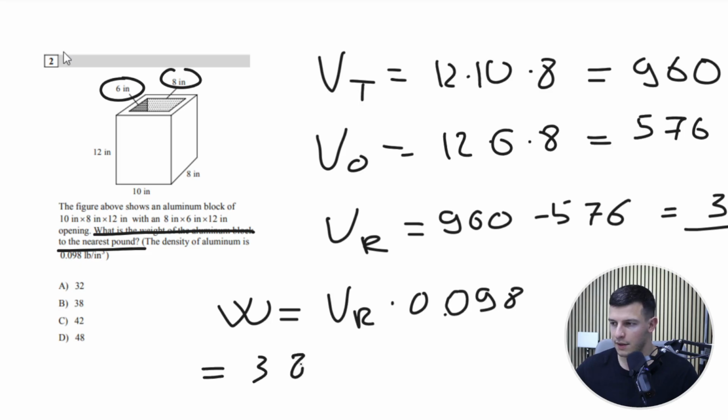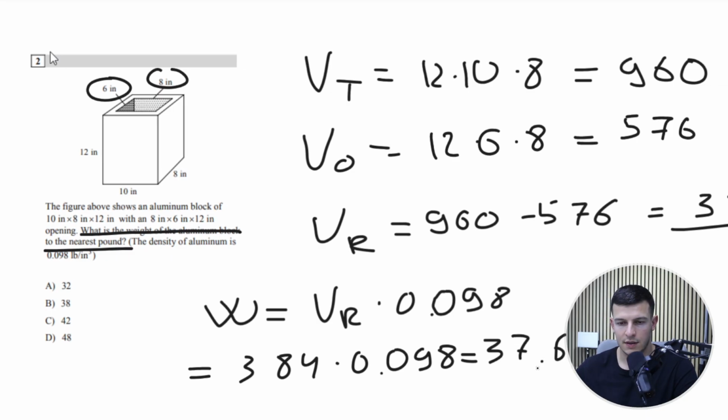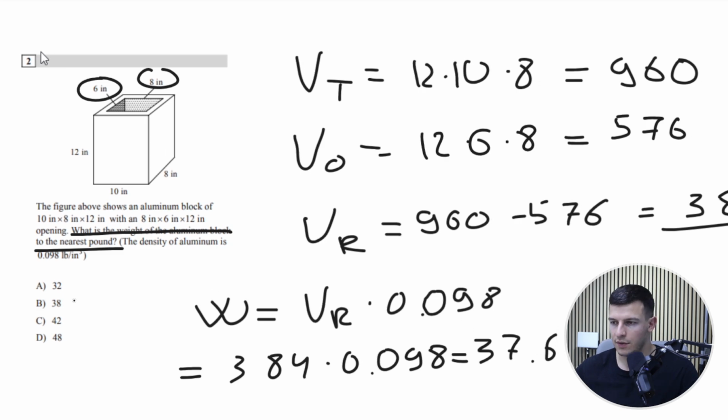That's going to be 384 times 0.098, and that's going to be, let's see, 37.6. We don't have 37.6, but what do we have? We have 38. So that is the nearest one.